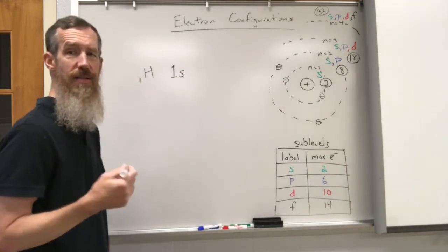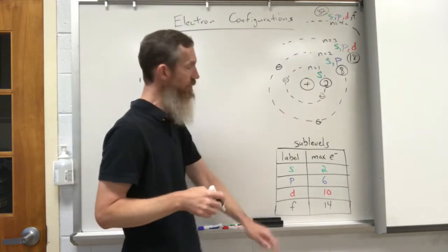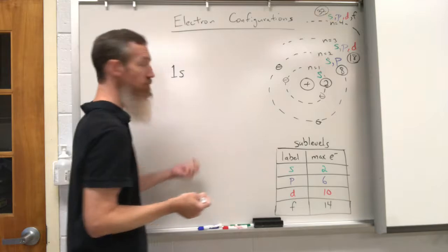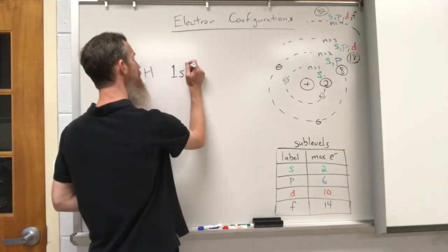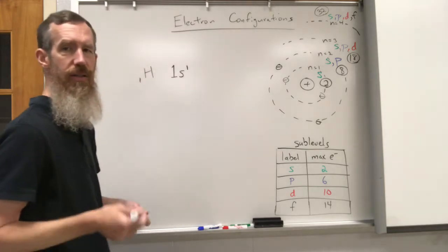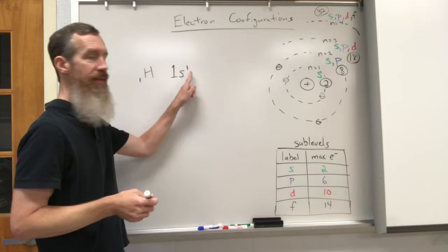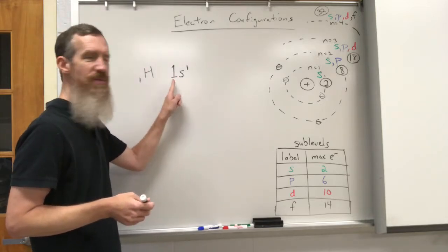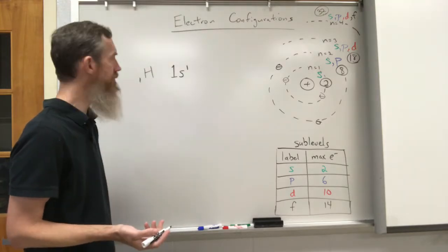Remember, the S sublevel can hold up to 2 electrons, but I don't need all 2 spots. I only have 1 electron, so I can put a 1 here. It looks like a power, but really all that's saying is, I got 1 electron in the S sublevel in the first energy level. So it's a weird way of writing an address for electrons.